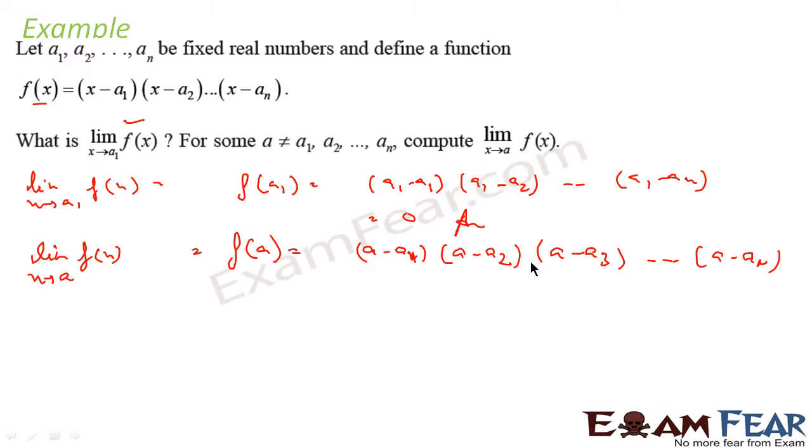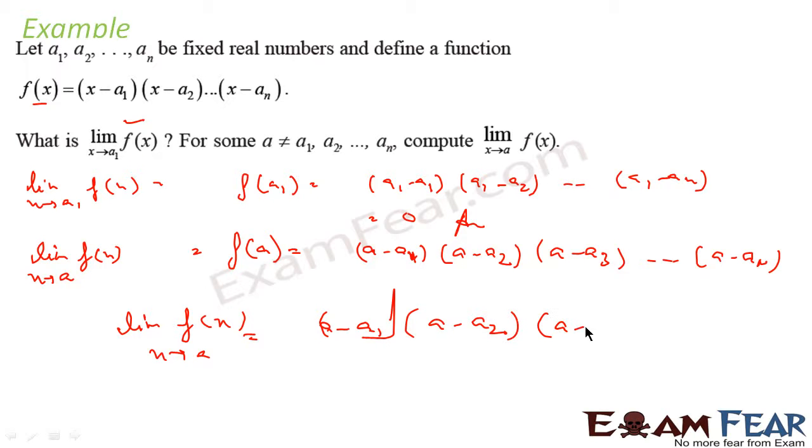So we see that this value is finite because a is not equal to a1, a2, a3. So we can say that limit of f(x), x tends to a, is nothing but (a minus a1) into (a minus a2) into (a minus a3) dot dot dot (a minus an).